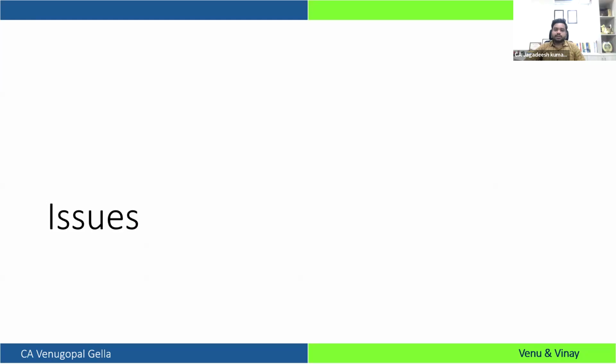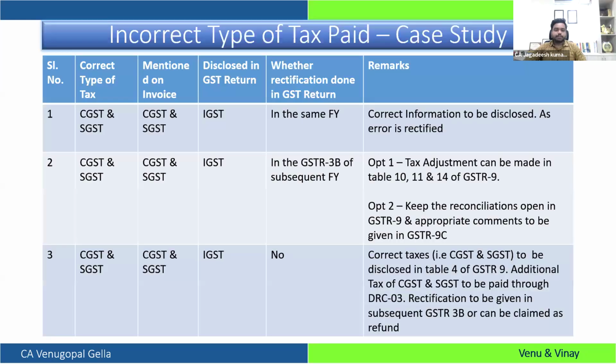Now we should see some practical issues. First, the incorrect type of tax paid. Let's say the correct type of tax is CGST and SGST, but I disclosed it in my GST returns as IGST and discharged the IGST liability, and I have rectified that in the same financial year.